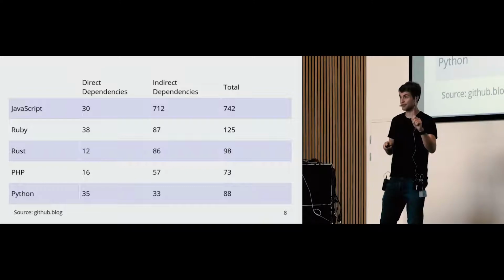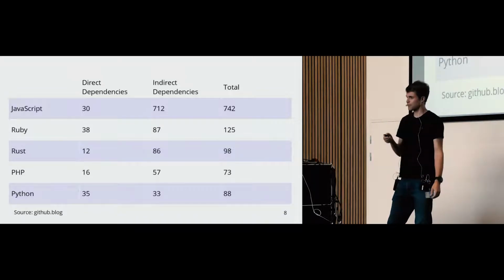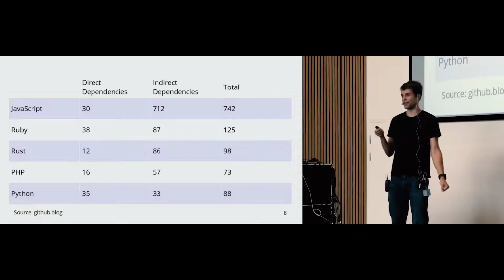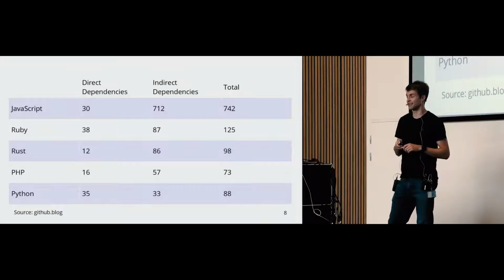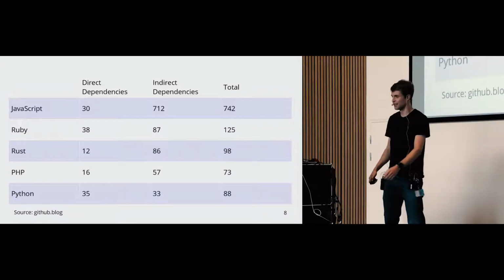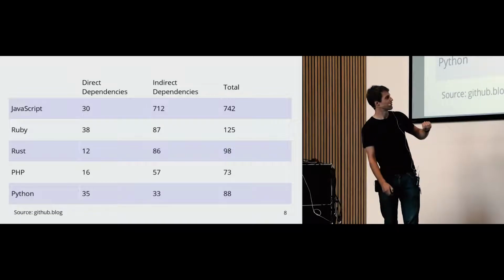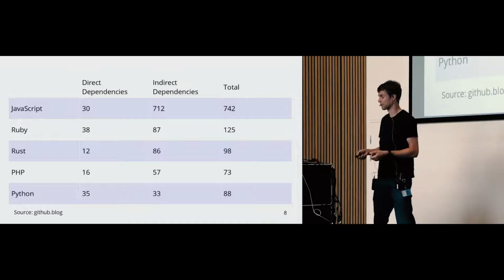For every npm install and yarn add you do, you get around 20 extra packages on average. But Ruby, Rust, and PHP are just as bad. You get on average more than one dependency for adding one to your project. Python is the only one which kind of squeaks in there, but it's still not great. There's still dependencies you're not aware of.